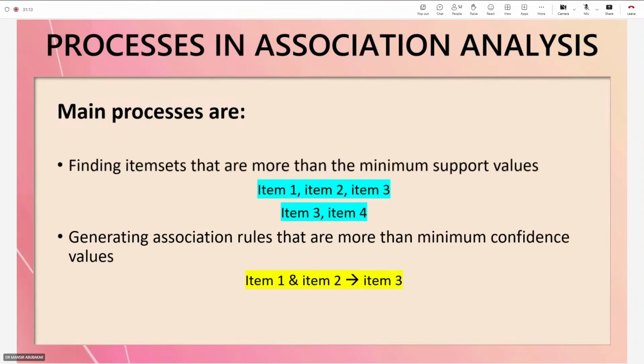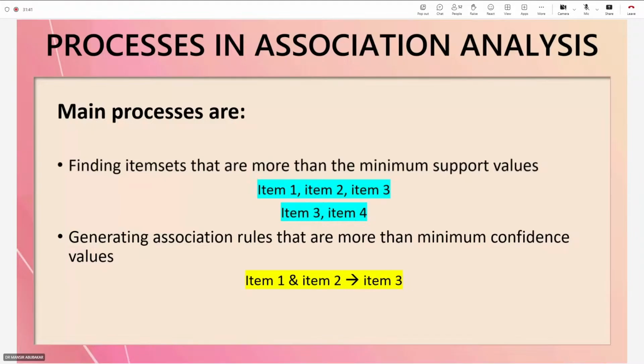So what is the main process of association analysis? As I said earlier, there are two processes: finding items that are more than the minimum support value, and then generating association rules that are more than the minimum confidence. What we mean by support is this: say you have transactions with three or maybe four items.